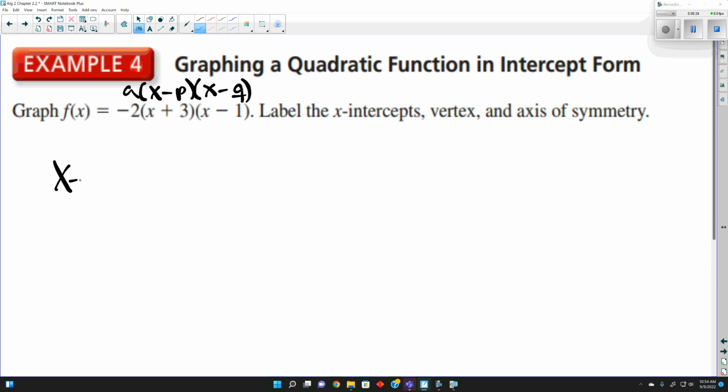And the x-intercepts are our two points. And what they're telling us is that this is (p, 0) and (q, 0). So if we know the values of p and q, we can plug them in here and find the x-intercepts.